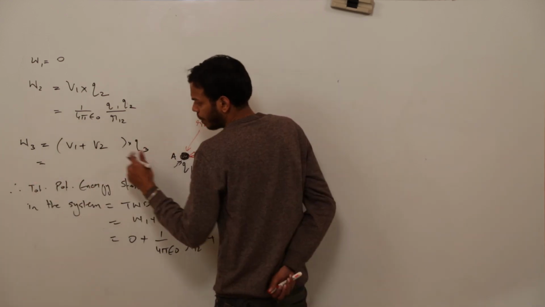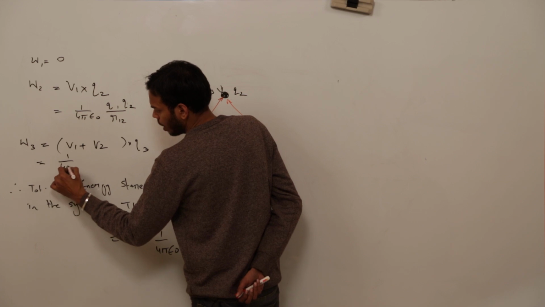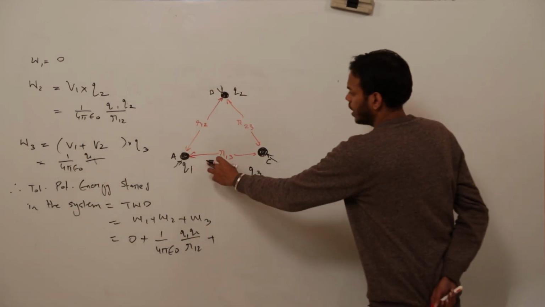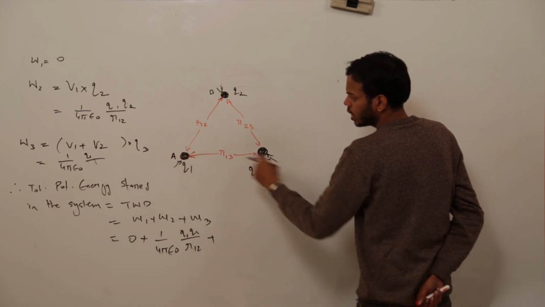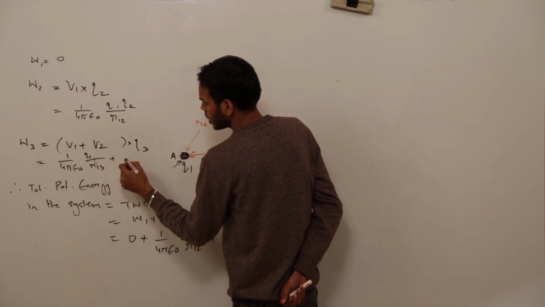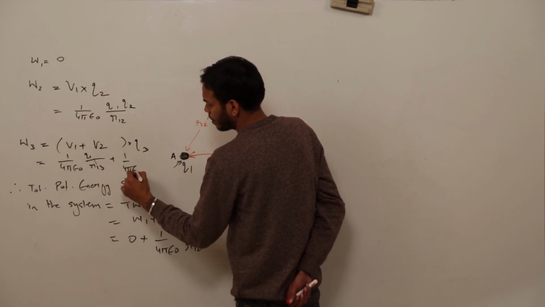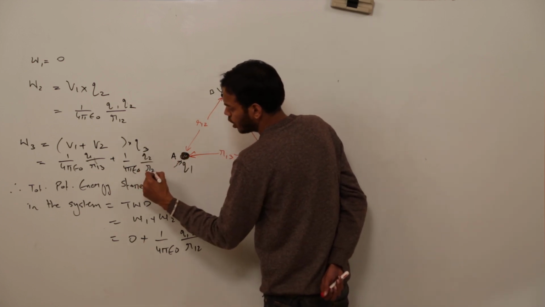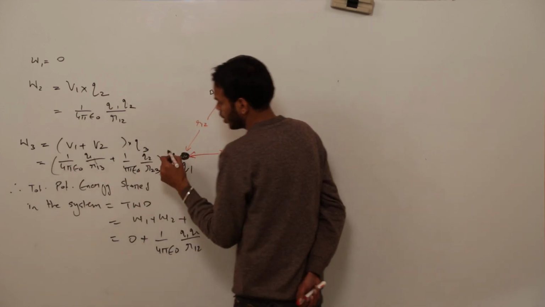If you want to open it up right here, this is 1 upon 4 pi epsilon naught Q1 upon R13, since V1 is due to this charge, plus 1 upon 4 pi epsilon naught Q2 upon R23, since V2 is due to this charge, whole into Q3.